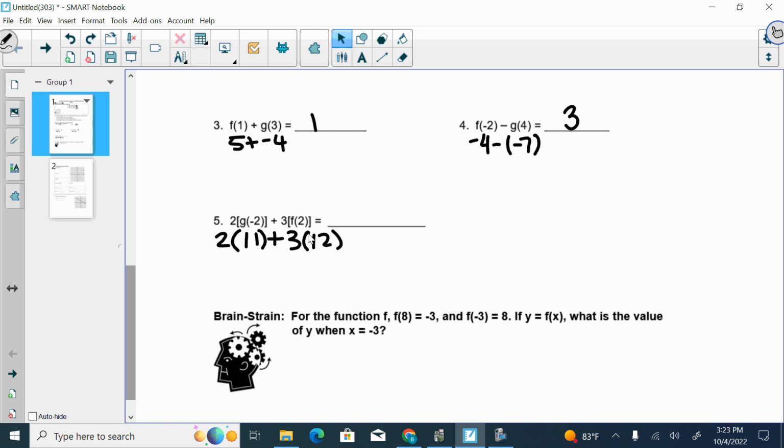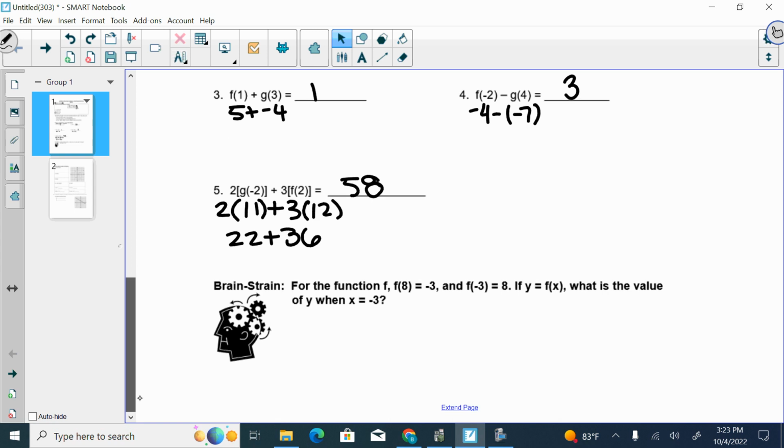All right, so what is 2 times 11? 22. Plus, what's 3 times 12? 36. Good. And what is 22 plus 36? Good. This simplified down to 58.